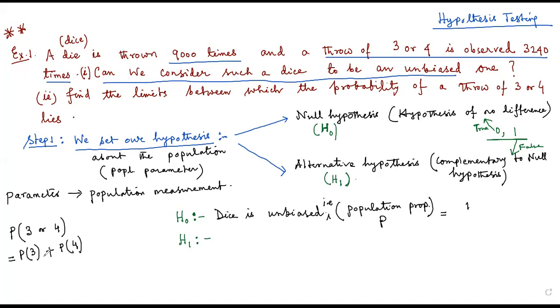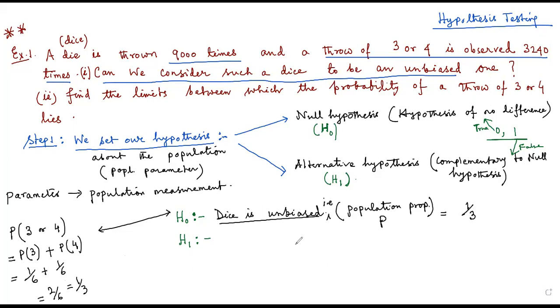If we throw a die, these two events cannot happen simultaneously, and these two events are mutually exclusive. Now, if you consider your die to be unbiased, then for a single throw, the probability of getting 3 is 1/6, and the probability of getting 4 is 1/6. By axiom 3 of probability theory, probability of A union B equals probability of A plus probability of B, which is 2/6, and therefore it is 1/3. So when we consider the dice to be unbiased, the population proportion is equal to 1/3.